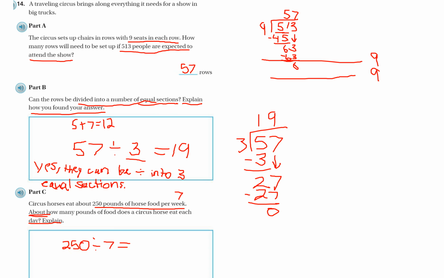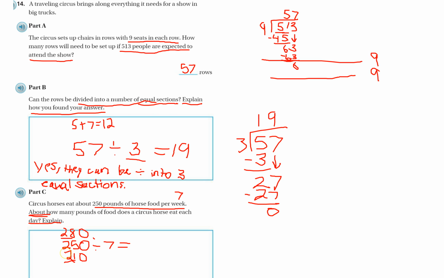But again, since I'm estimating, I want to use easy numbers. So I'm either going to use 21 or 210, or I'm going to go up and go 280, because I want to go up 7 from 21, because 7 will go into 28 and 7 will go into 21.